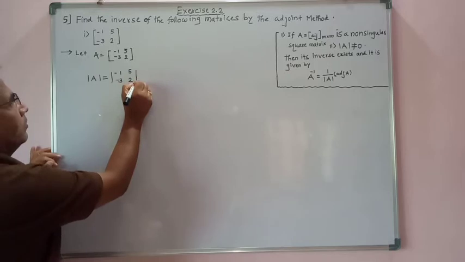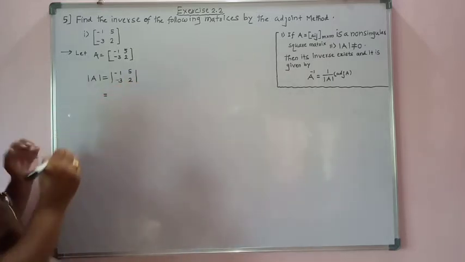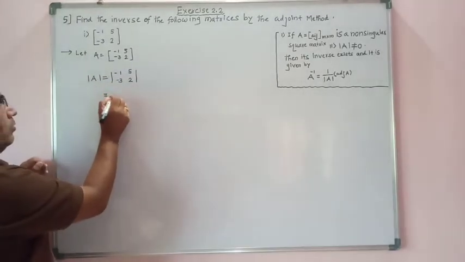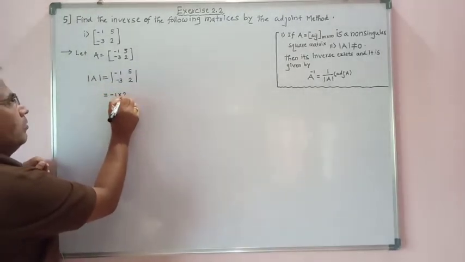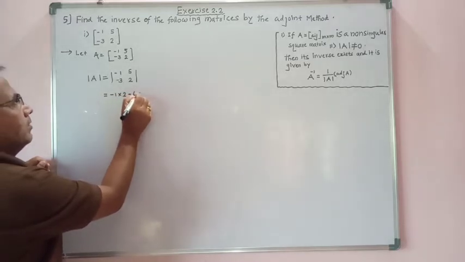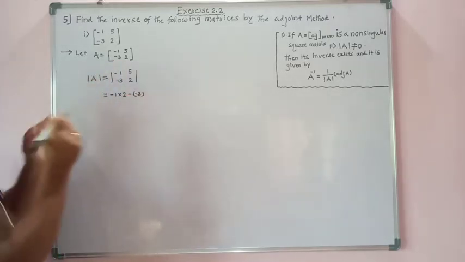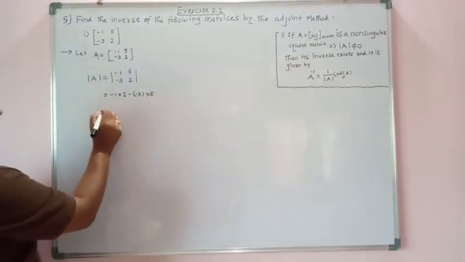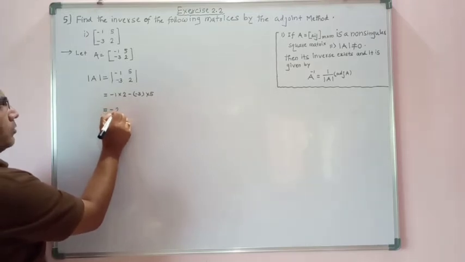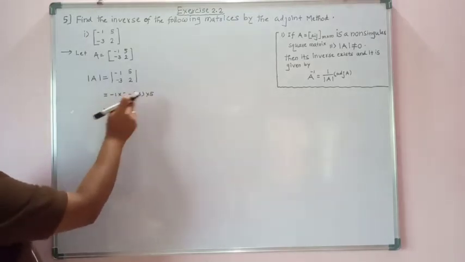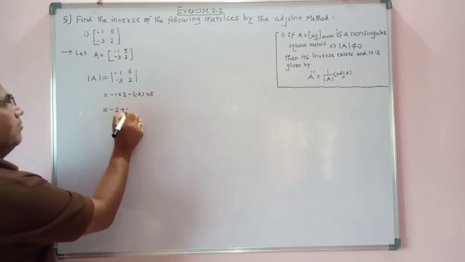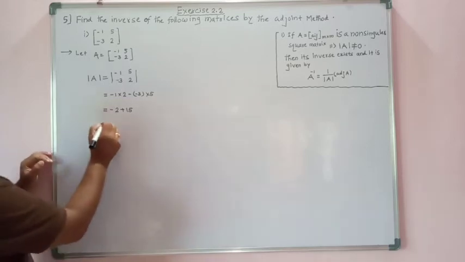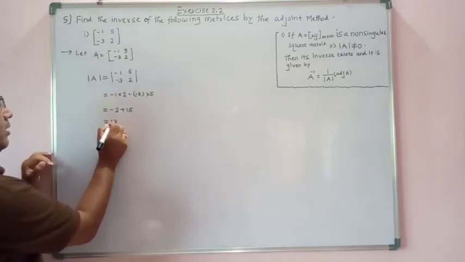Therefore we solve the determinant of A. Cross multiplication: -1 into 2 minus, we multiply the cross product, -3 into 5. -1 into 2 is -2, minus, minus 3 into 5 is plus 15. -2 plus 15 is 13.